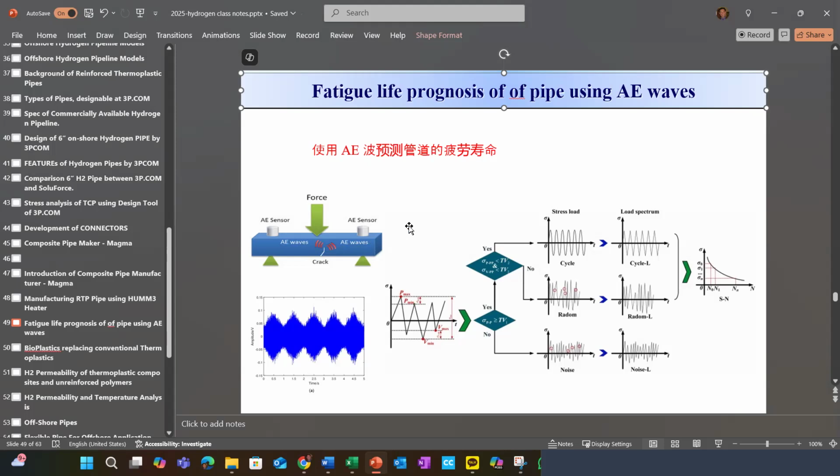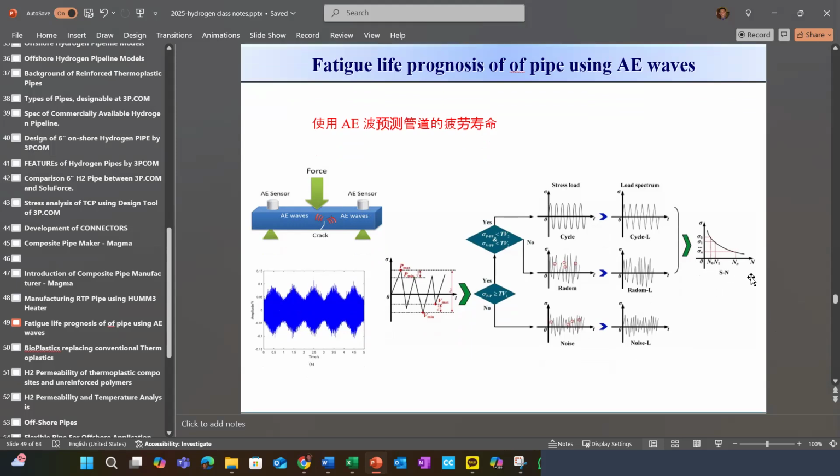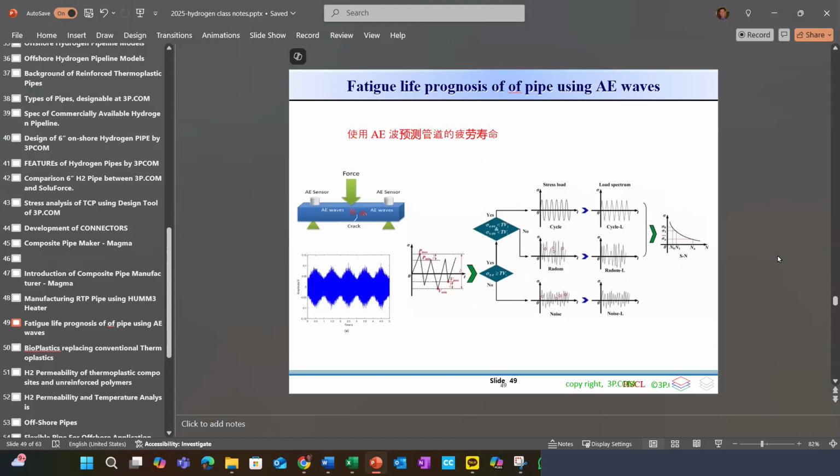As you can see, this pipeline system is so important. It should not break, it should not get damaged. So it's better to have an online monitoring system. It's called health monitoring, and then we can collect a lot of signals and predict the life or predict the damage.